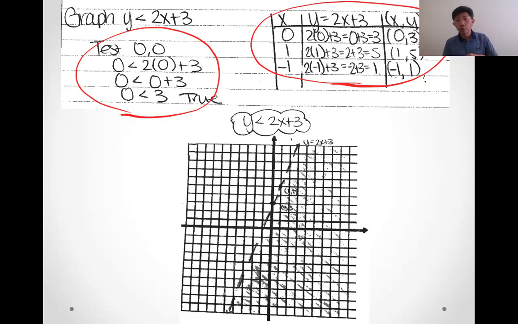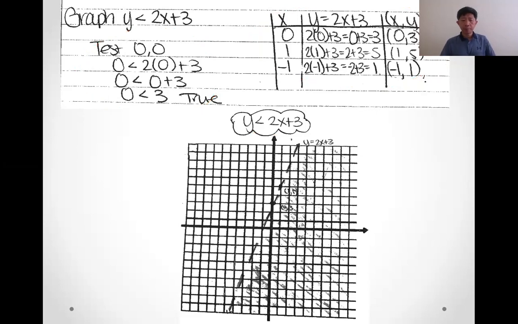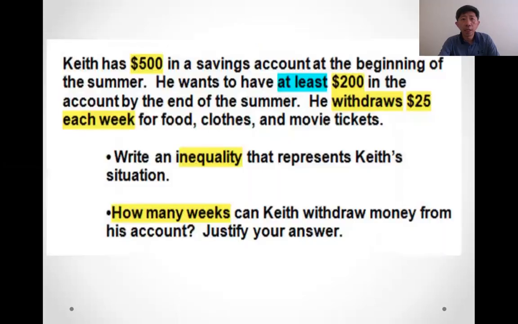We choose the 0, 0 region or the other side of the region, okay? And then the final check is we check the equal sign. If there's an equal sign, then we will use a solid line. If there's no equal sign, then we will use a dashed line, okay? Okay, so that's how we graph a linear inequality, okay?